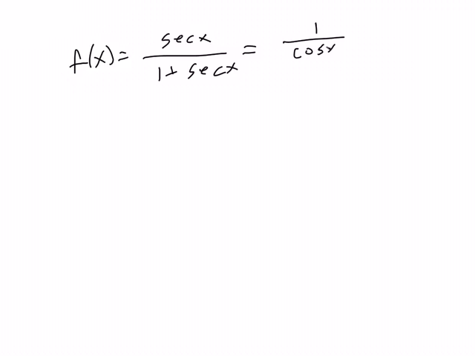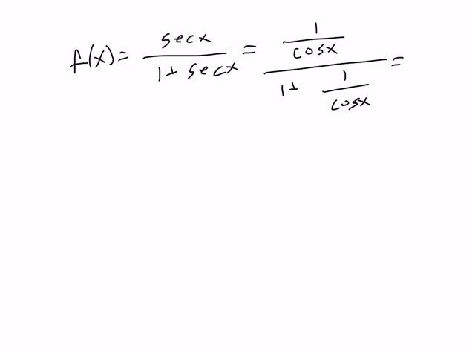Next problem, f of x is equal to secant x over 1 plus secant x. In other words, it's equal to 1 over cosine x over 1 plus 1 over cosine x.